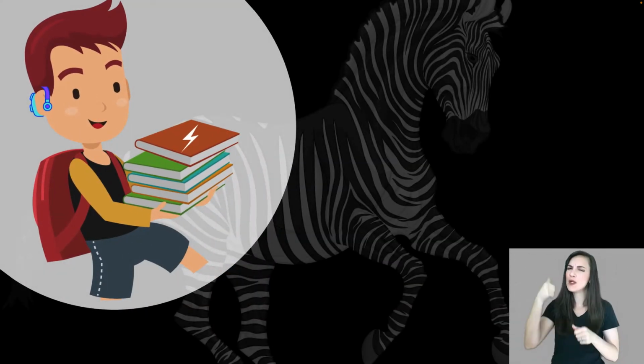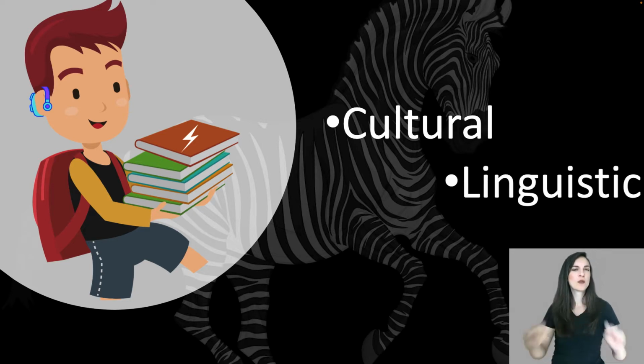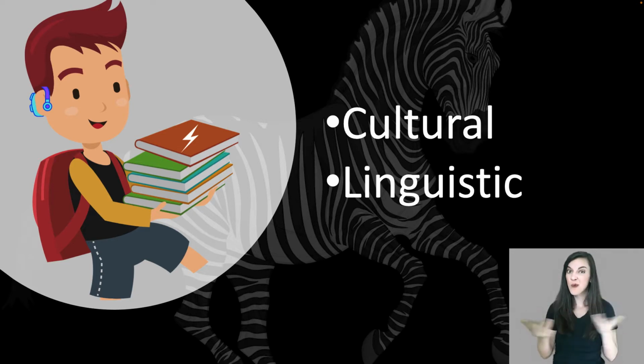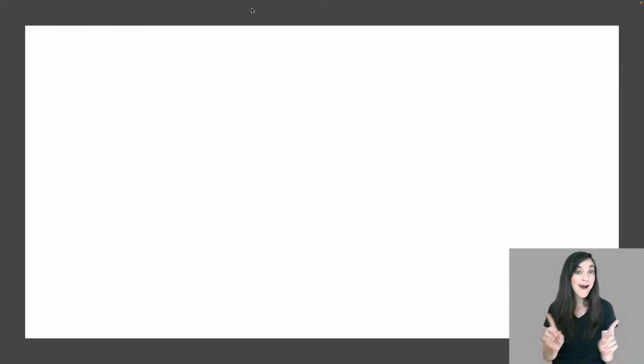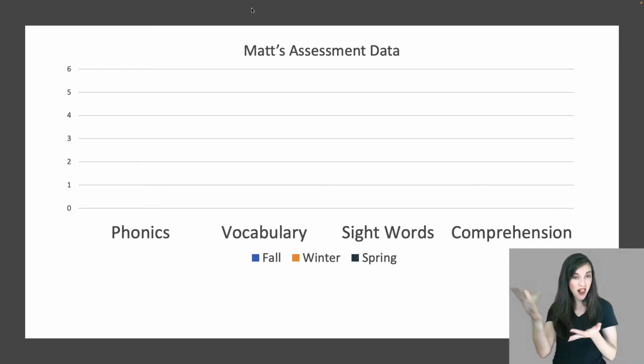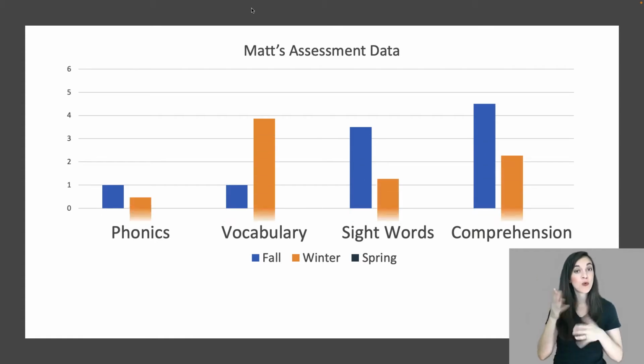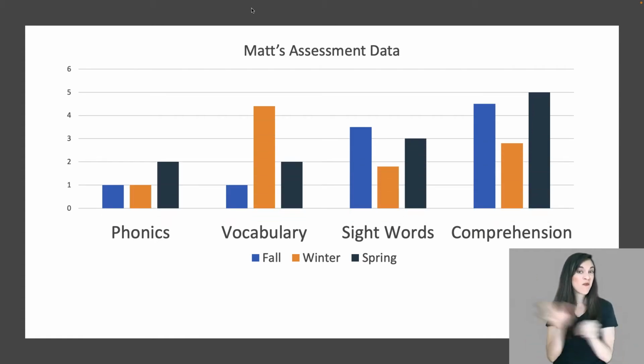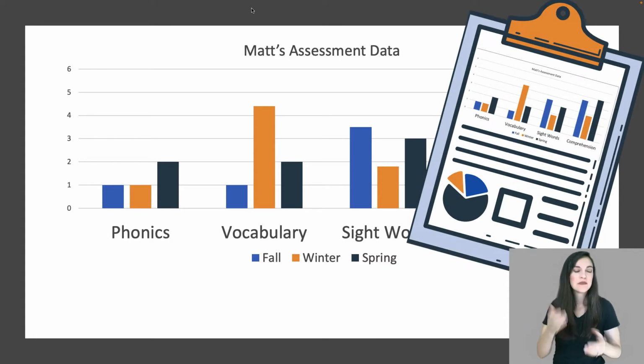Educators should take into consideration cultural and linguistic influence, including the possibility that the assessment may not be normed or accessible for students who are DHH. However, this is not to say that the data gathered is not informative, but that it should be understood that the assessment may not give a full picture of the student's capabilities.